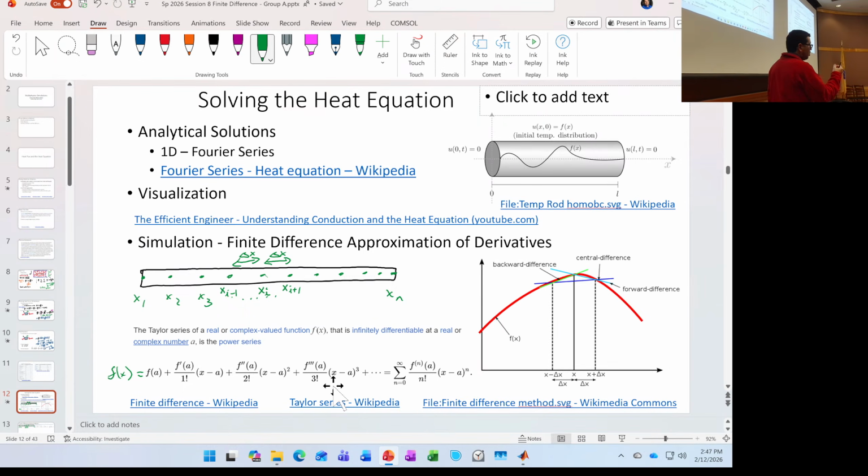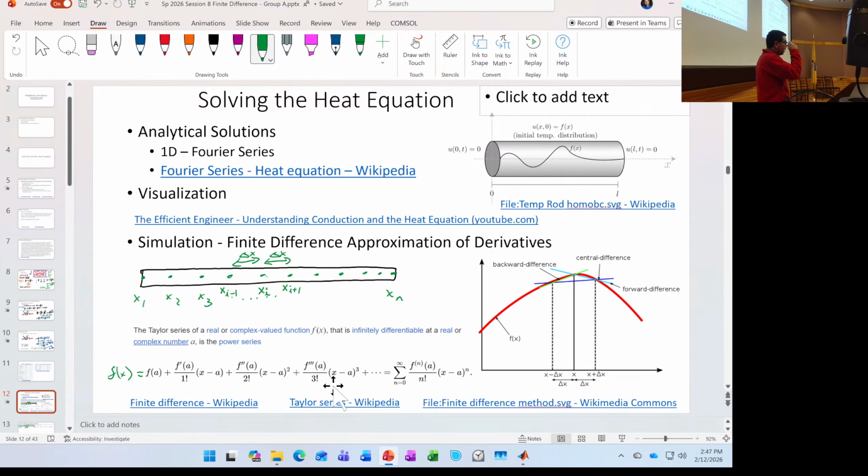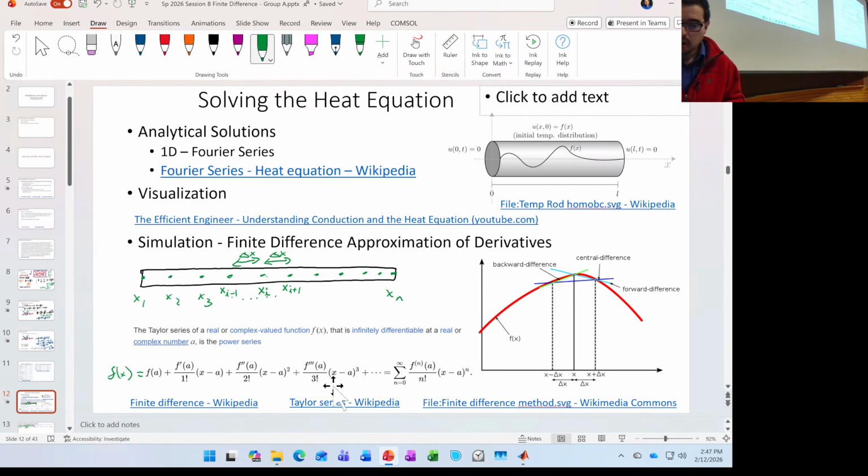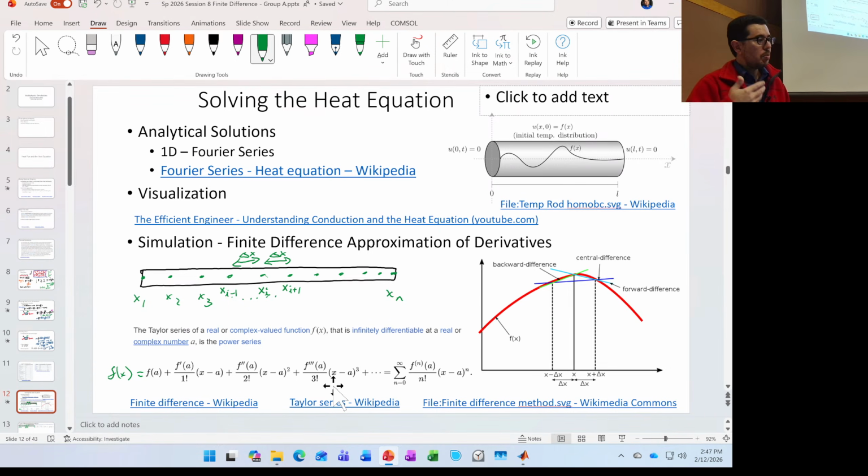And you probably have this idea already in your head: this approximation is going to be more accurate with fewer terms if my distances are small. So if I break up and discretize my object into lots of small little bits, with lots of little points distributed along the object, I can have a more accurate representation of the physics.